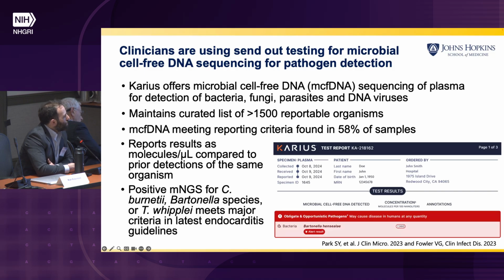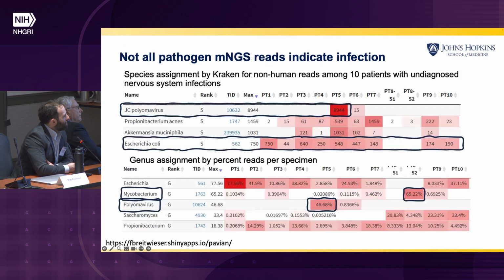They report their results as molecules per microliter or molecules per 100 nanoliters, depending on when it was done. And a positive test by this technology is now considered to meet major criteria for endocarditis, for Coxiella, Bartonella, and T. whipplei. So it is entering clinical practice.